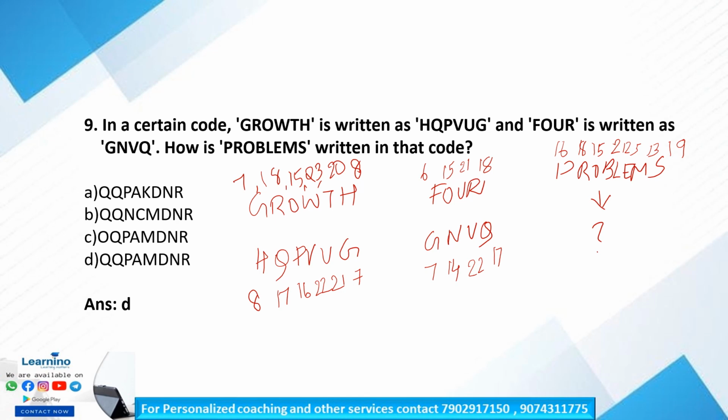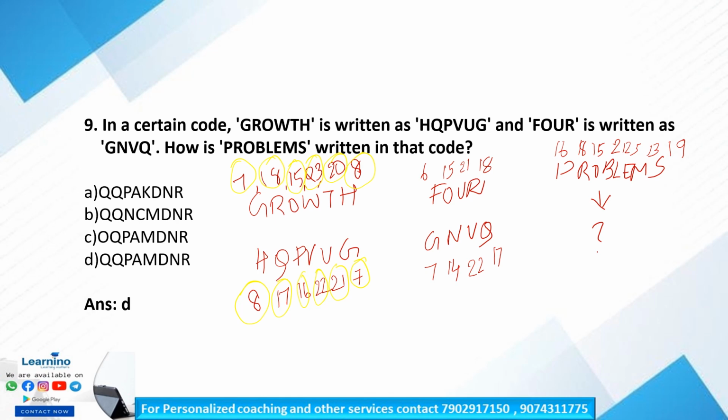That is, for G it is 7, for R it is 18, for O it is 15, for W 23, for T 20, for H it is 8. Like that, for H it is 8, for Q it is 17, for P it is 16, for V 22, for U is 21, and for G it is 7. So we have to find the relationship between each number. Okay.